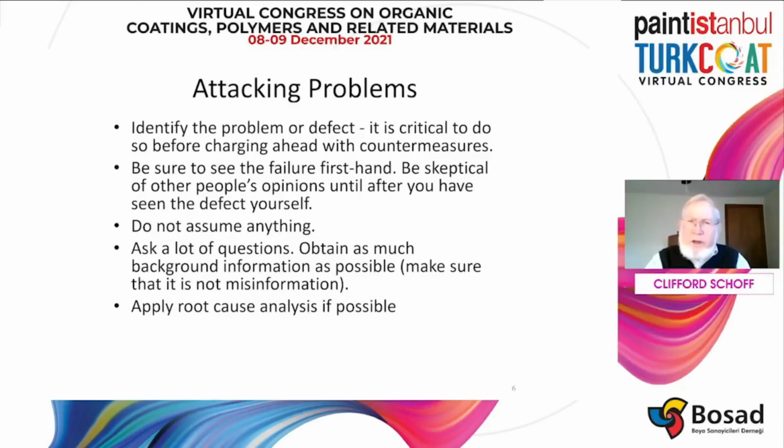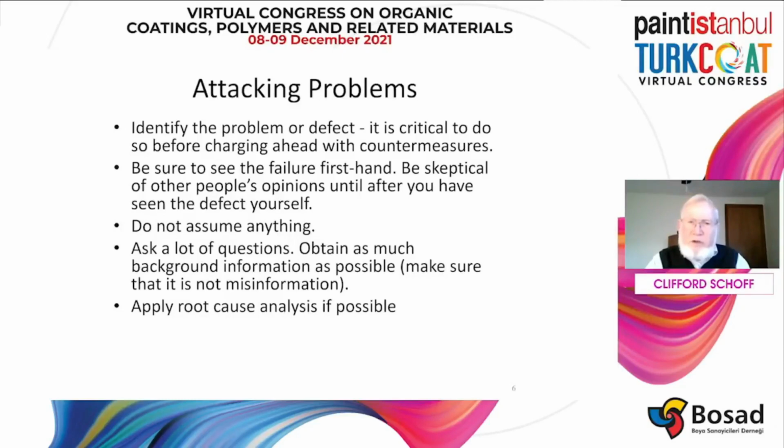If you're a person working in a lab, people may say, oh, I've got this cratering problem, what can I do? But you need to find out, is it really cratering, or is it some other defect that looks like a crater? And do not assume anything. Do not assume that the paint was made properly, that it was cured properly, that there were no contaminations in the area, etc. People may say this, but make sure you see what the situation really is.